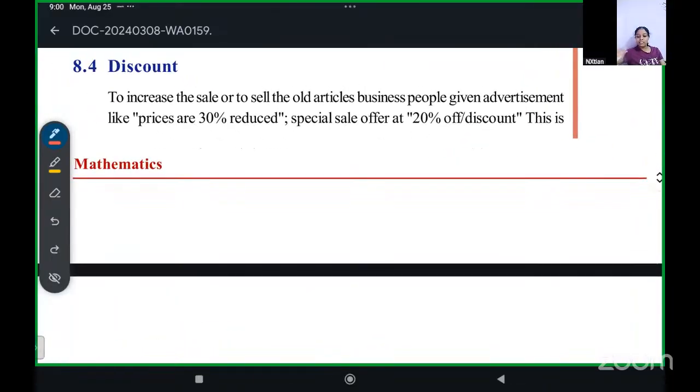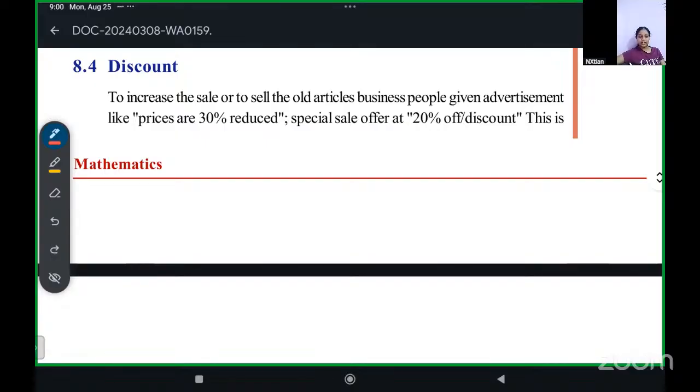Like what is discount? Ma'am, can we not keep any questions from discount? I think we can keep only theory questions from discount, like what is the meaning of discount, what is market price, how do you calculate discount. Ma'am, even from profit and loss, if we keep actual questions, it will take time.